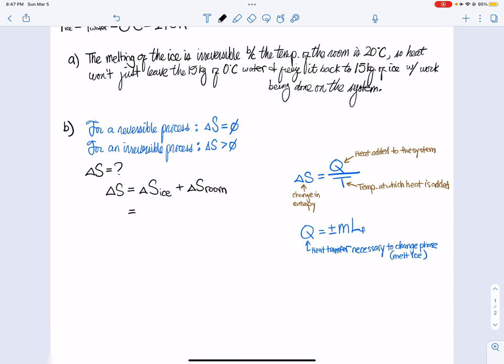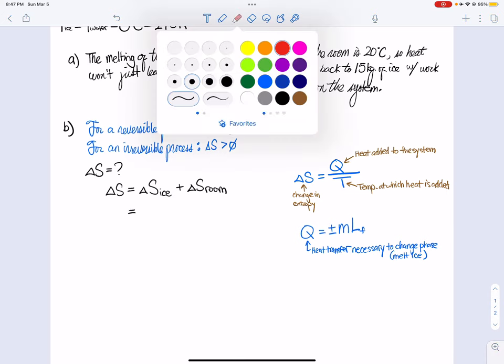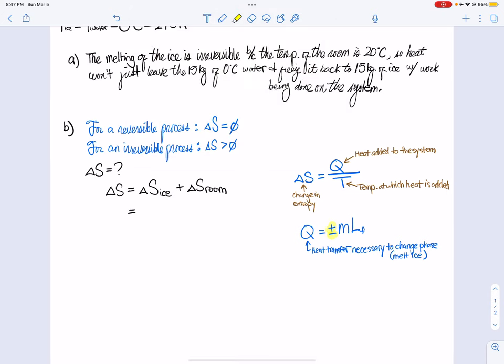So do I choose positive or negative right here? Well, because I'm going to add heat. Heat is going to transfer into the ice to change the phase from solid to liquid. That's going to be positive, right? So positive, my mass is 15 kilograms, right? That was given in the problem.